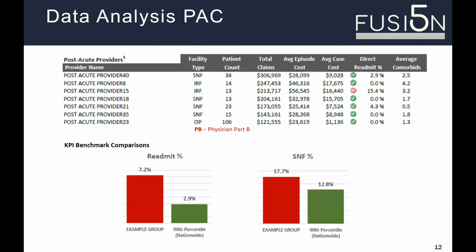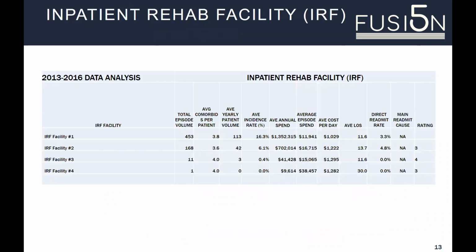So looking at some of the other reports, and this, again, is a lot of the same information cut different ways and presented different ways so that we can help you make the right choice when it comes to your provider network. What we're looking at is inpatient rehab facilities for the 2013-2016 baseline period.